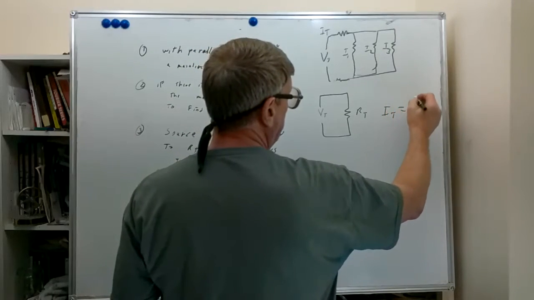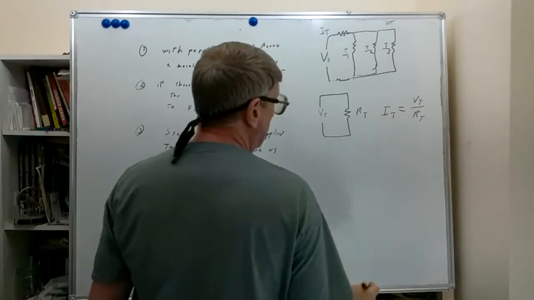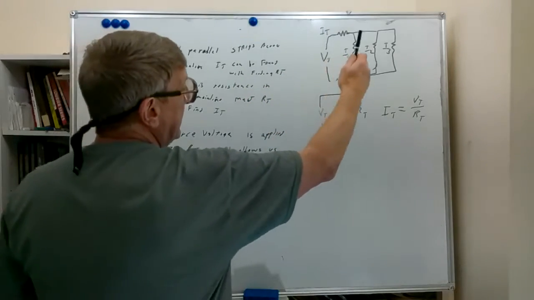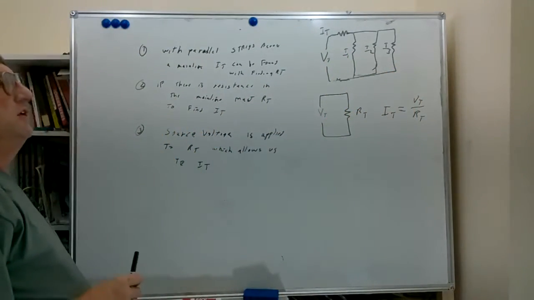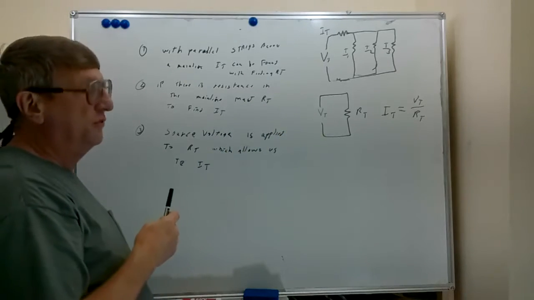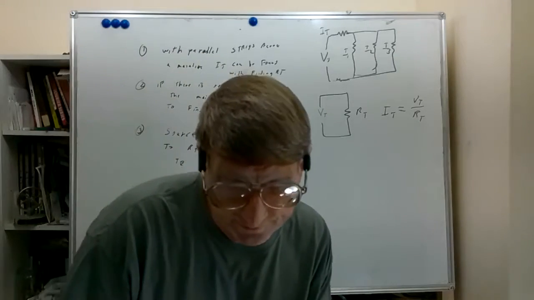IT was equal to VT over RT. So when we have a circuit with resistances in series, before you get to the parallel branches, you have to reduce it to the equivalent resistance, which we just did in the example we just worked on.